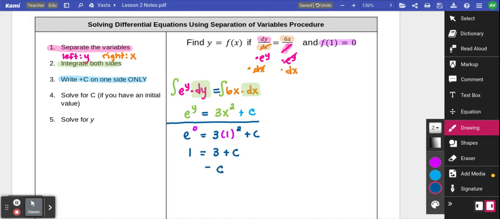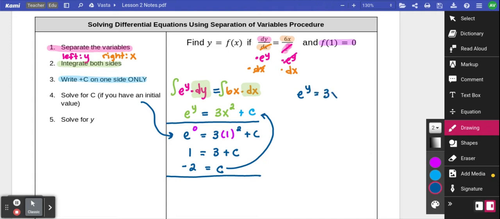And so if I subtract, I figure out that c is negative 2. So that step right here is the solving for c. Once you know c, you can go back and plug it back in. And so my new equation that includes the c value, which is negative 2, would be e to the y equals 3x squared minus 2.